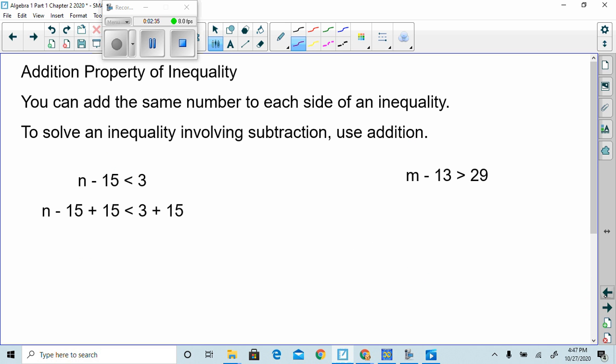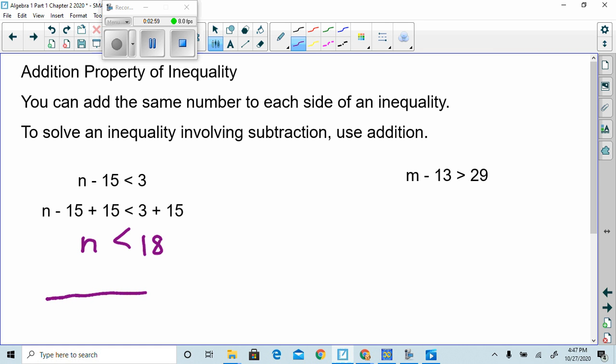Let's move on to the addition property of inequalities, which tells us that we can add the same number to each side. To solve an inequality involving subtraction, we'll just add. So I see n minus 15 is less than 3. So I'm going to add 15 to both sides, canceling out. I get n is less than 18.